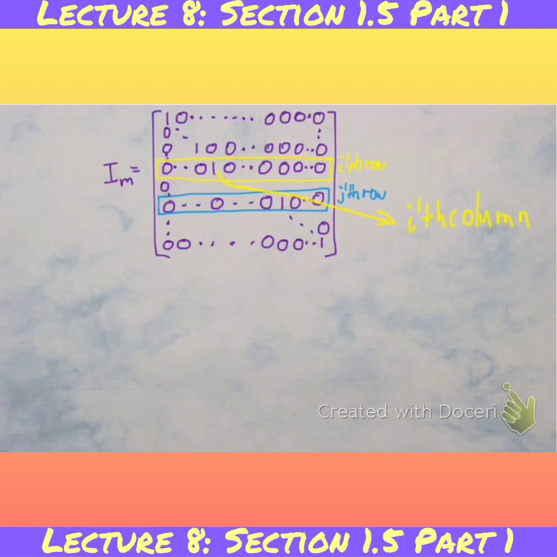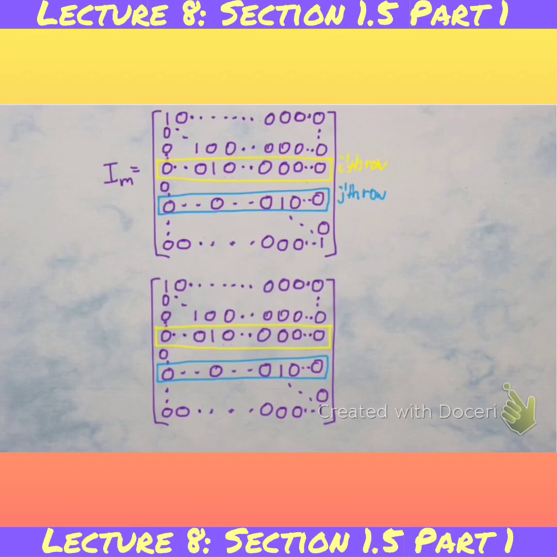Now just take note that the 1 lies in the ith column and the ith row of I, and the 1 in the blue row, which is the jth row, lies in the jth row and the jth column. Okay, so now doing that modification, we have to consider the matrix separately.